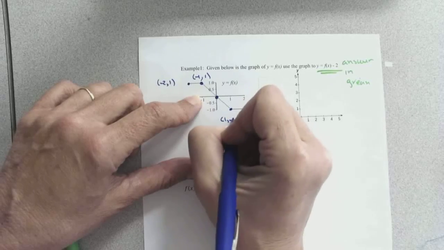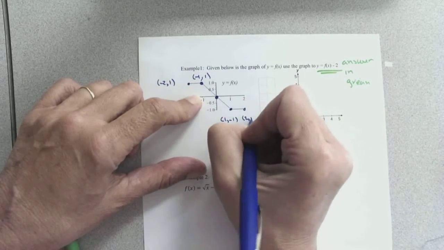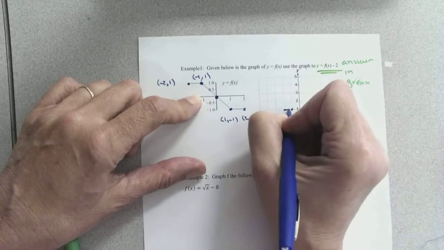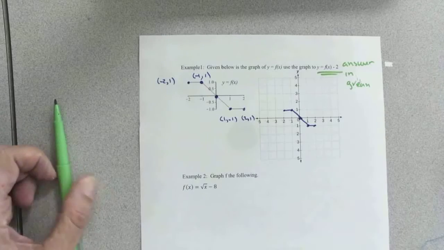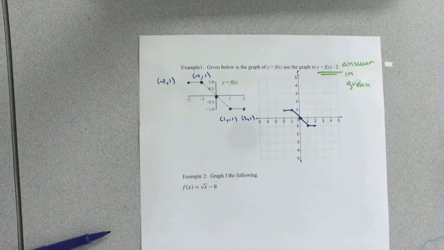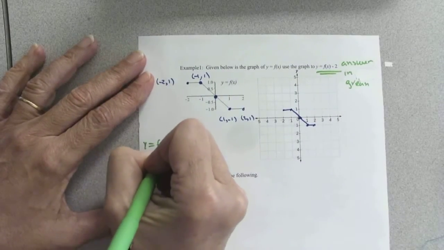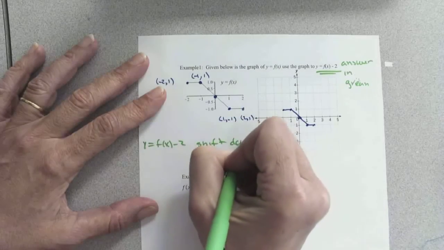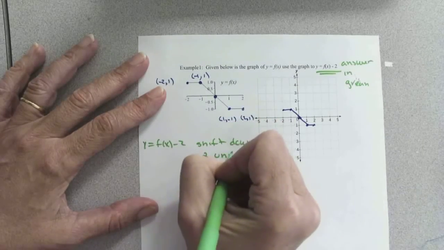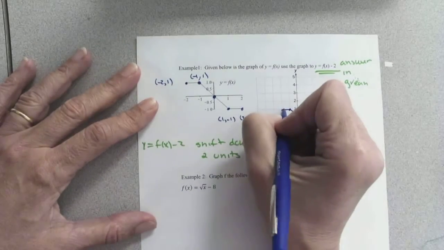Then we have the point 1, negative 1, so right there. And then lastly, the point 2, 1. And so there's my original graph right there. So we just want to draw a new graph, but shift it down 2. y equals f of x minus 2. Shift down 2 units. So I'm going to take each one of those points that I did. This was the original graph.